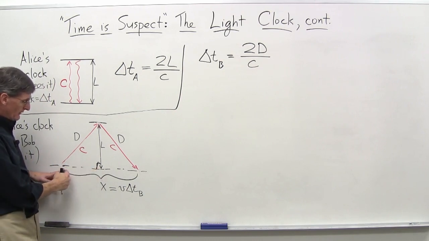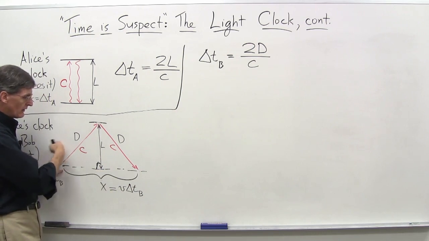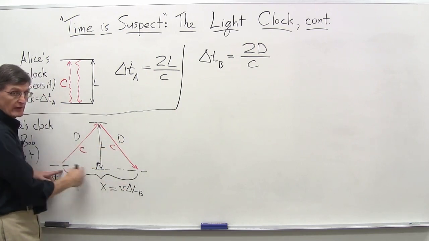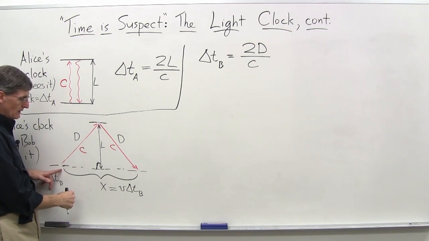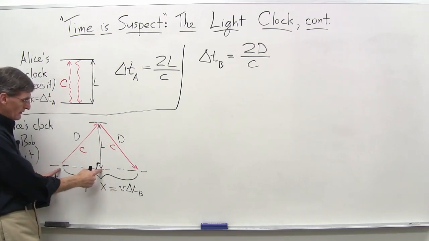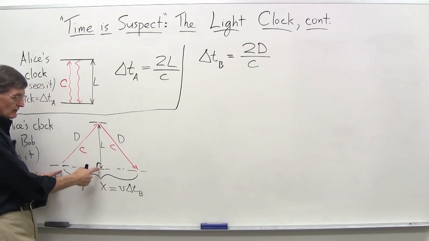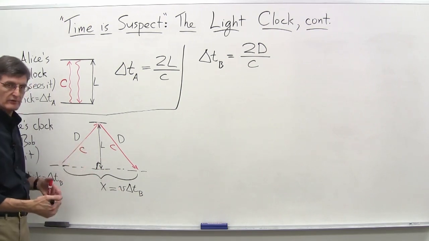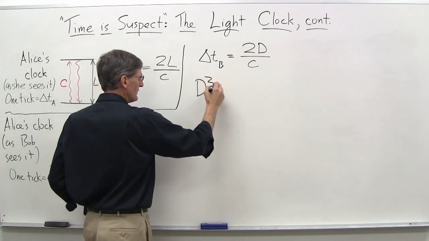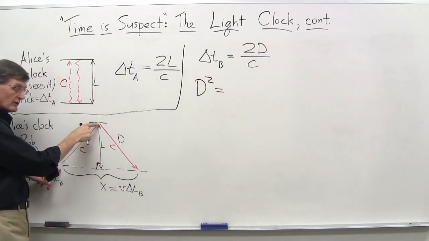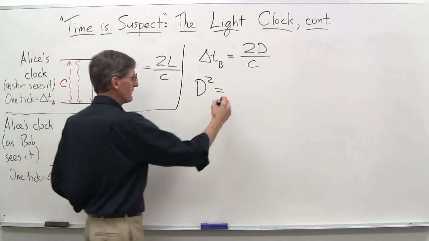Well, we said this distance here was x, which was the velocity of Alice and her clock times the tick time as Bob observes it, the time to go from there to there. And this is x over 2, so this divided by 2 is this side. So let's start writing that down. The Pythagorean theorem says that D squared equals L squared plus x over 2 squared. We'll just write that first.